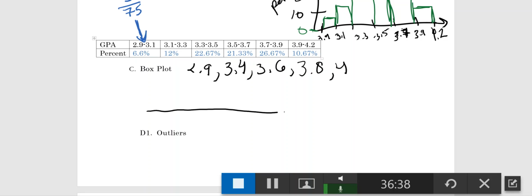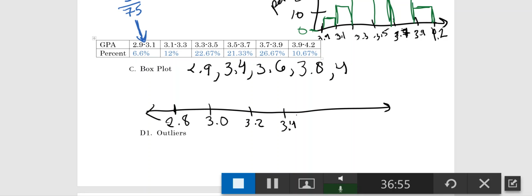So I'm going to do my number line down here. I'm going to use a similar scale to what the previous one has. So I'm going to start at 2.8 and just go up by 2s, just because it sounds easy. Oh, I'm going to run out of room. No, I'm not. I'm going to make it just barely.